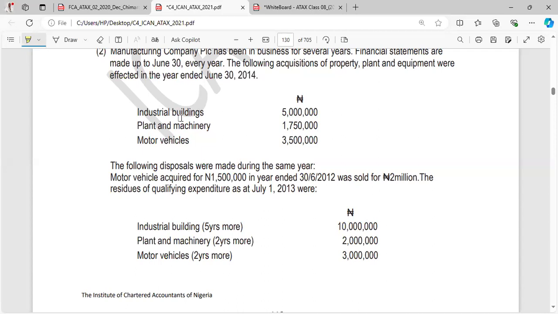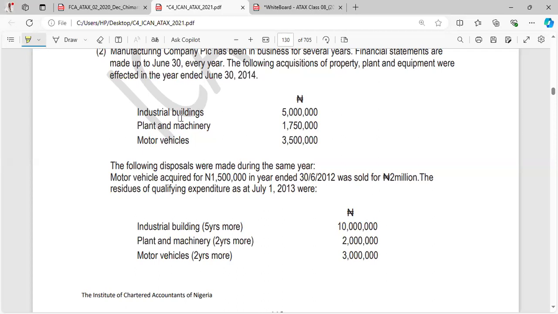Normally, the rigorous workings like this are done at the skills level where they test your skills. But some people get exempted from taxation sometimes. It comes straight to professional level and they want you to really know how to do this capital allowance. So we are going to be spending some time on it.